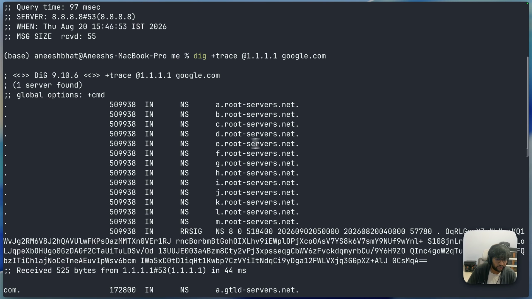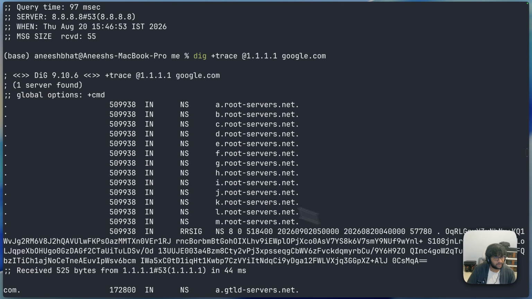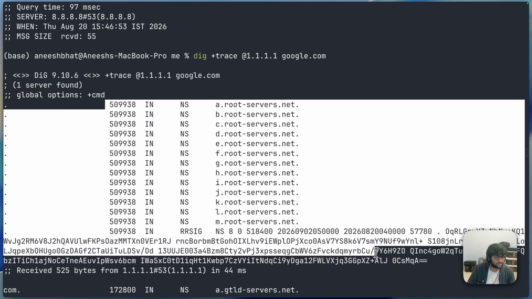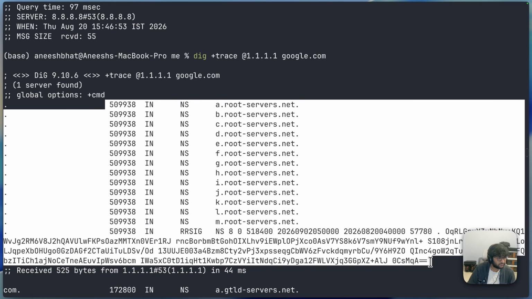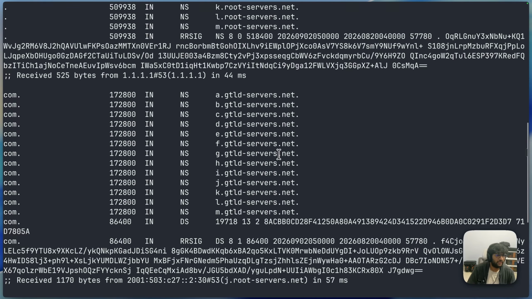Let's not try to read it in detail right now, but you can see this is the root server first, correct? What happens right after I do google.com? If I want to trace it one by one, it actually goes through the root servers and asks, can I find the next step? And this says .com is the next step. Then it finds the top level domain, TLD servers, which tries to find com.